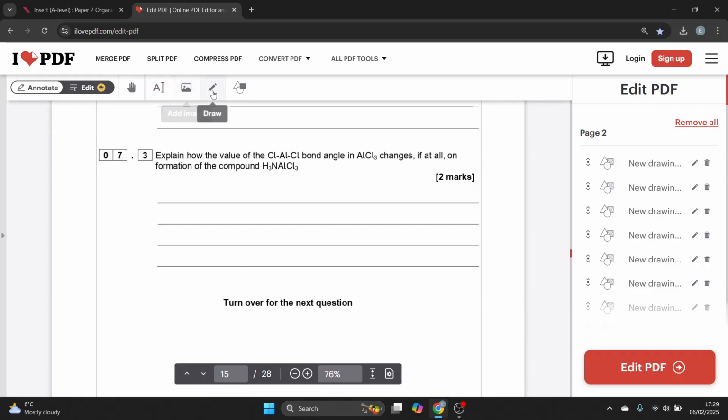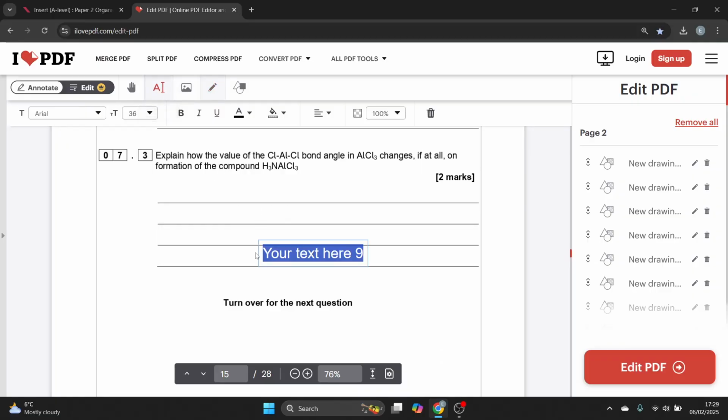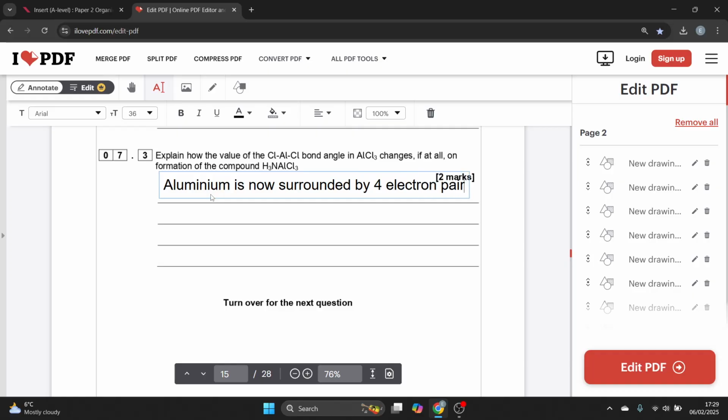Explain how the bond angle changes, if at all, in the formation of that. Well, aluminium is now surrounded by 4 electron pairs. That's a key fact. Aluminium is now surrounded by 4 electron pairs.